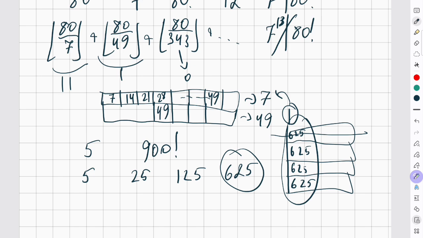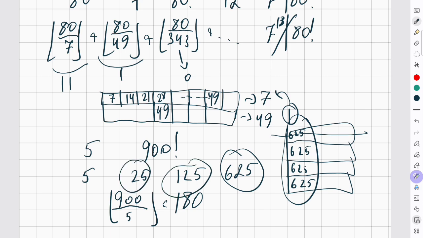Let's divide by 5, using the floor function, and it is 180. In this case, we show that there are exactly 180 numbers that are divisible by 5. Actually, it also contains 25, 125, and 625.